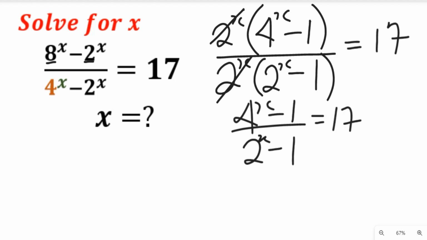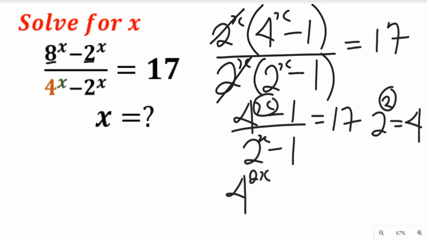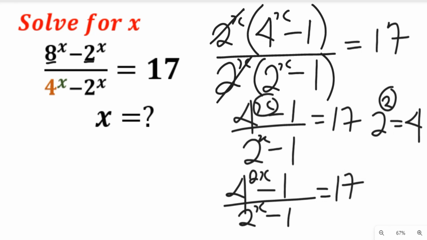We want you to know that 2 squared is still equal to 4. So we use this exponent value, and remember we already have an exponent here, so it's going to multiply that exponent. That will give us 4 to the power of 2x minus 1 divided by 2 to the power of x minus 1, equal to 17.